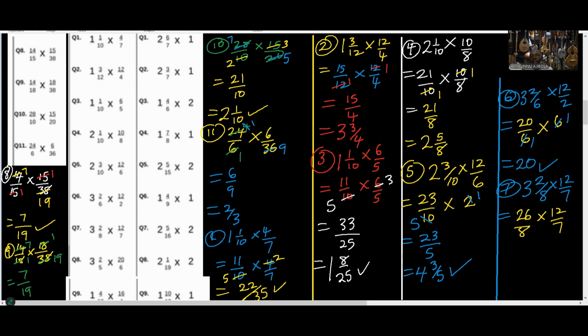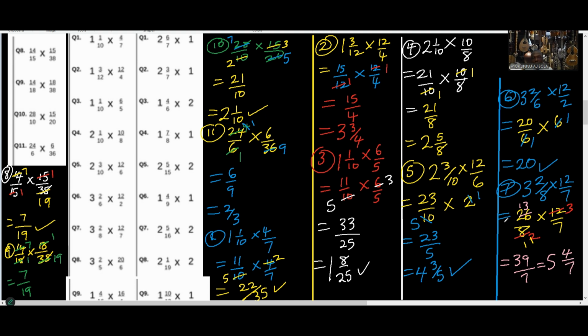So 4 can divide 12, that's 3. Here, that's 2. Then 2 can divide 26, that will be 13, and 2 here becomes 1. So we have 13 times 3, which is 39. Then we have 1 times 7, which is 7. How many 7 is in 39? That's 5, which is 35. Remainder 4 over 7.